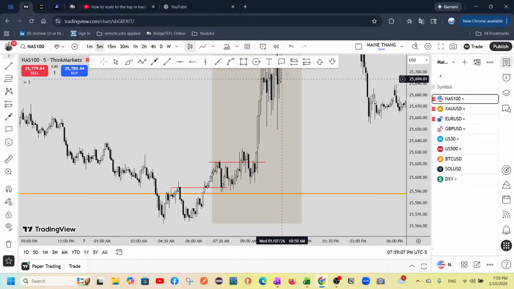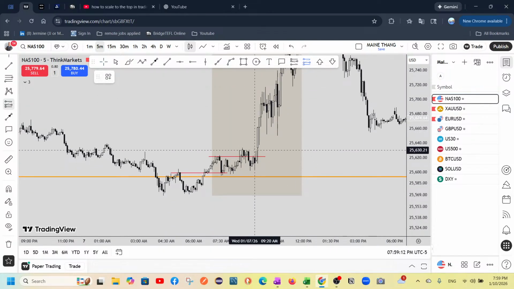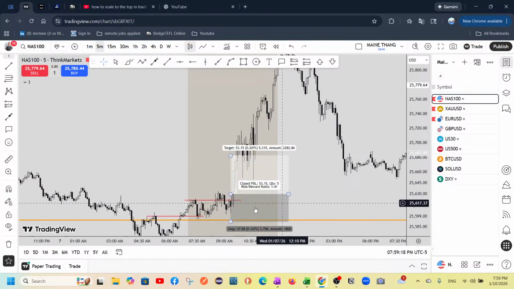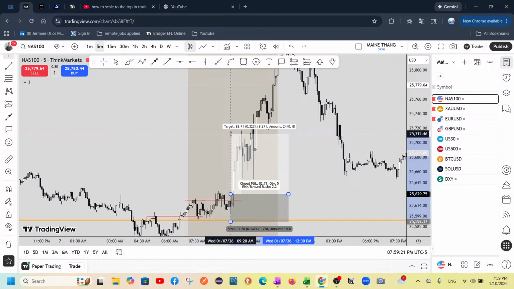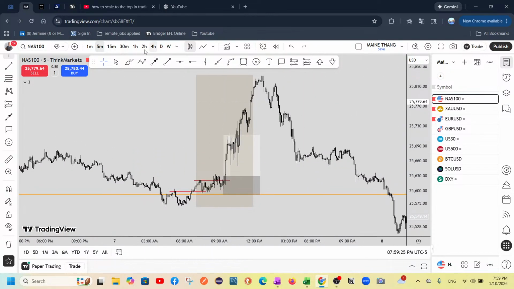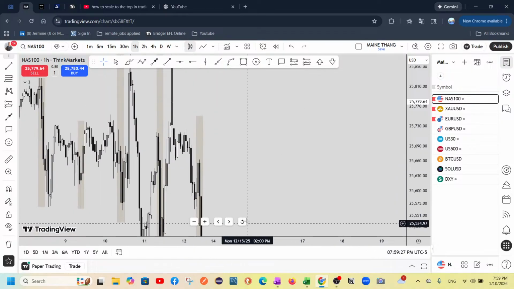I was confident. And so we placed the trade, let's just say around here. Stop was below this low. And I think we're aiming for 1 to 2, which we had. I think our target was on this one, the 1 hour.